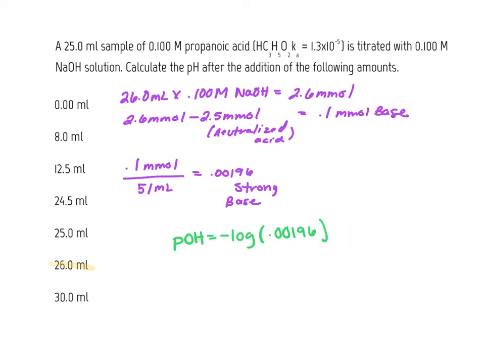So no need to do an ice table there. That comes out to be 2.71. Then to calculate that pH, we do 14 minus the pOH, and that is our final pH for the addition of 26 mLs.